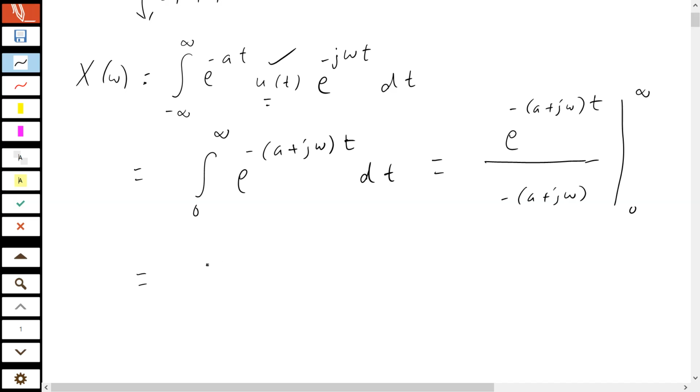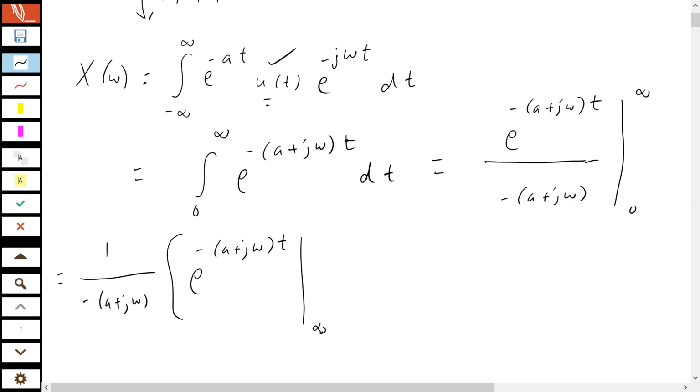So I will still write that thing, but you must keep in mind that we are dealing with limits. I'll simply say e to the power minus (a plus j omega) t, divided by, let's use that 1 over minus (a plus j omega) in common, and here I'll just write t equals infinity, and by this I mean the limit.